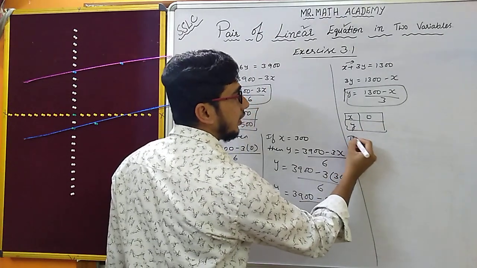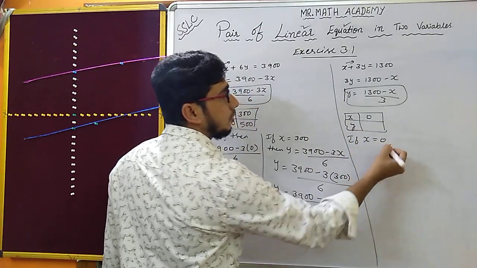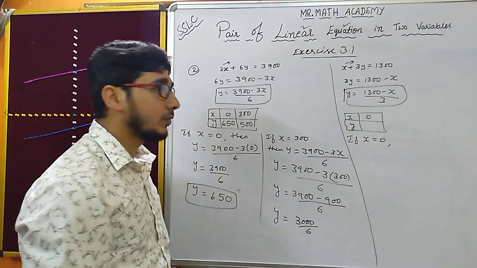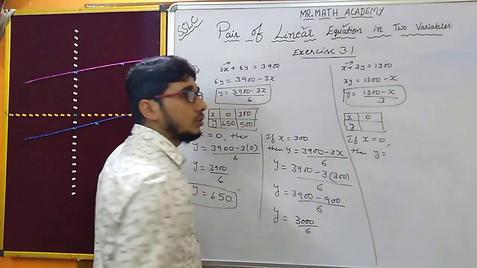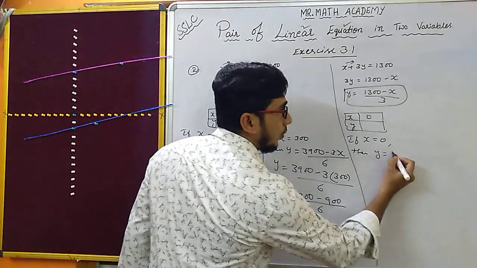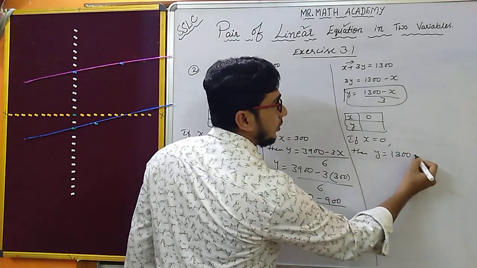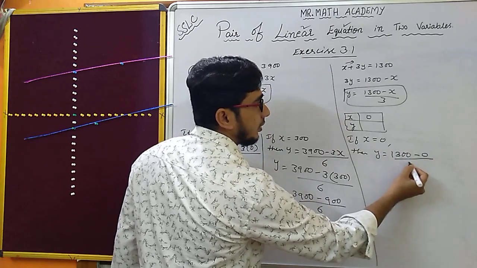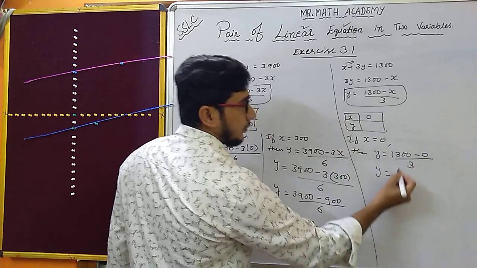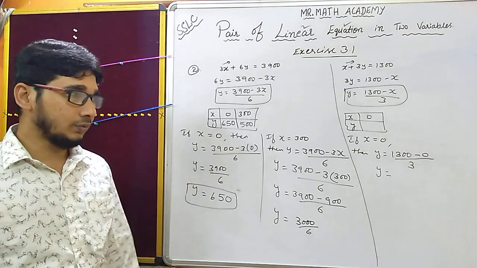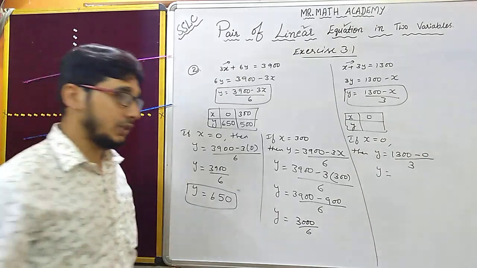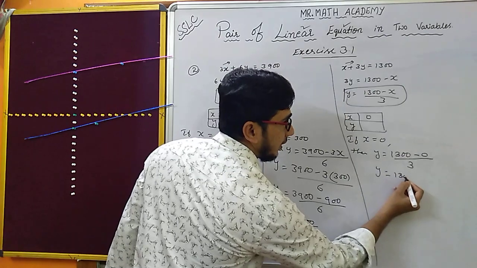Then what will happen if x is equal to 0? I gave 0 there. So y is equal to, write down the equation, 1300 minus this 0 as it is, whole divided by 3. 1300 minus 0 is 1300 only. Now we have to divide 1300 by 3.